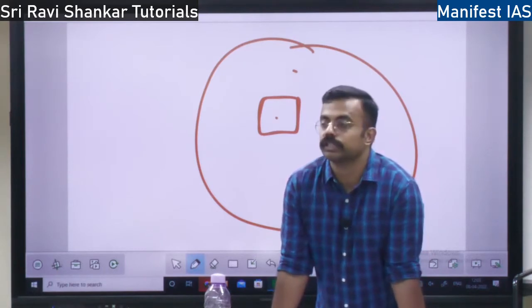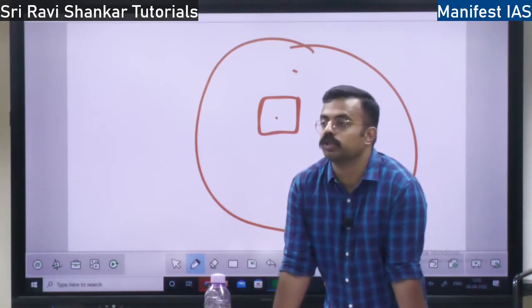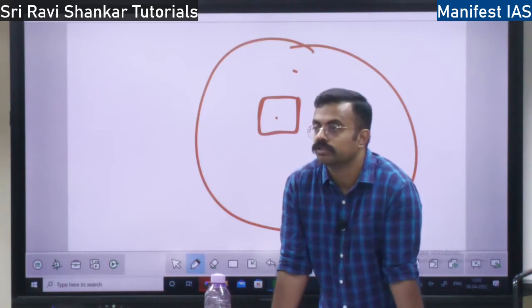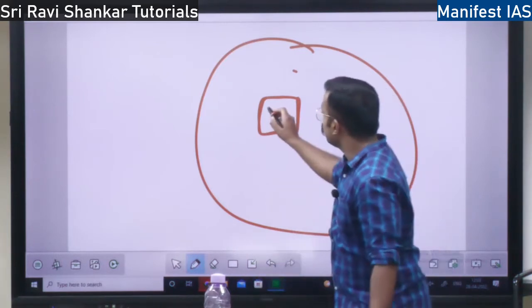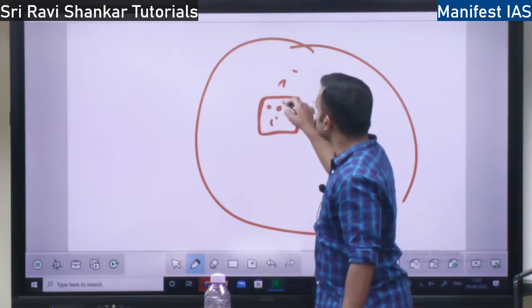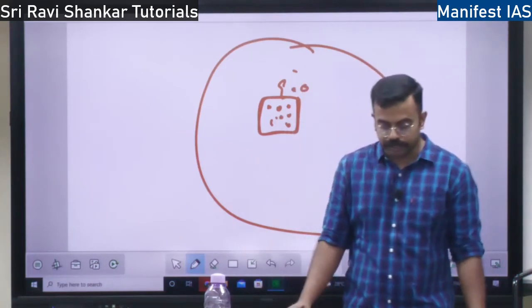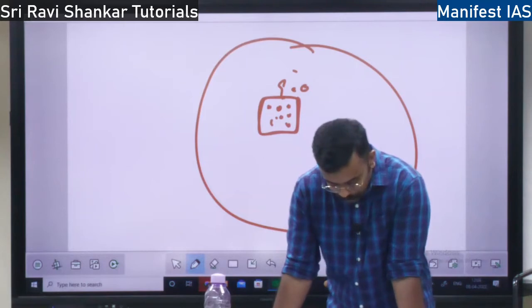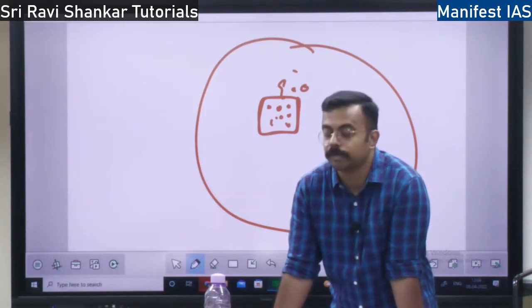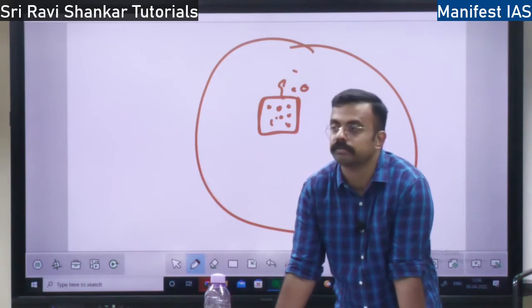This ecosystem includes a lot of communities. If this is the ecosystem, there are a lot of communities within that. It includes communities, and these communities will interact with the environment and exchange material.